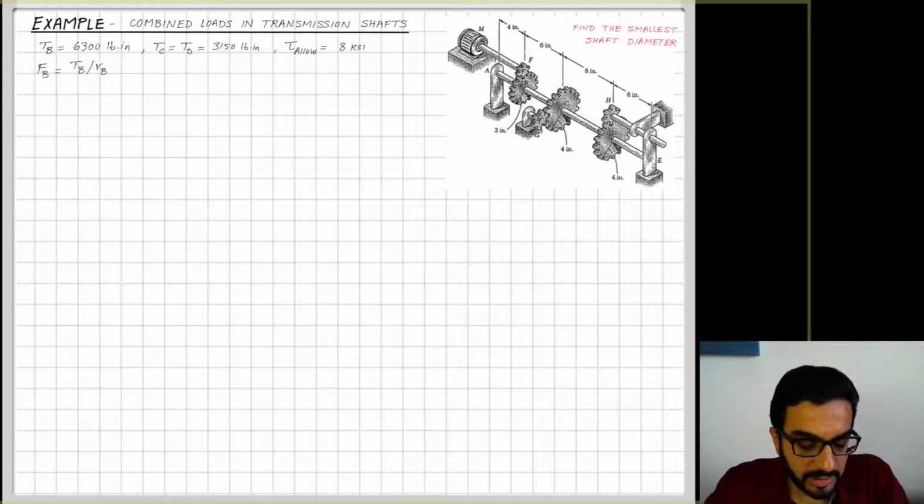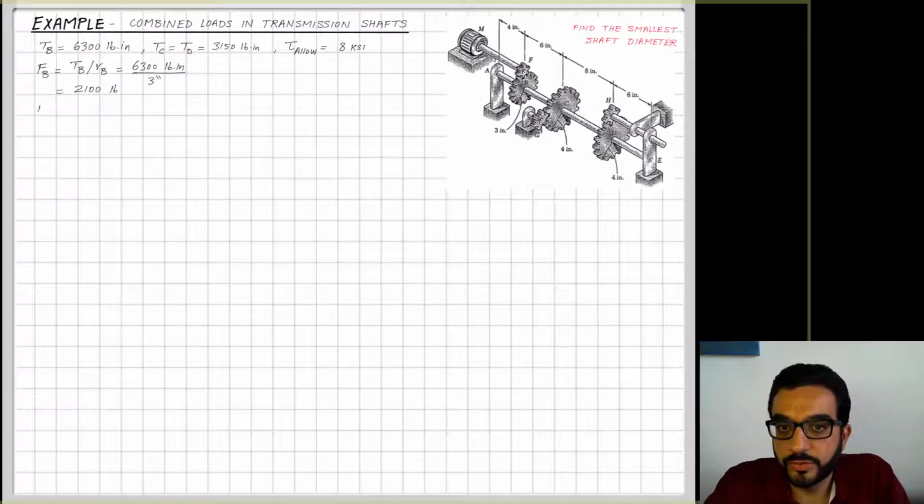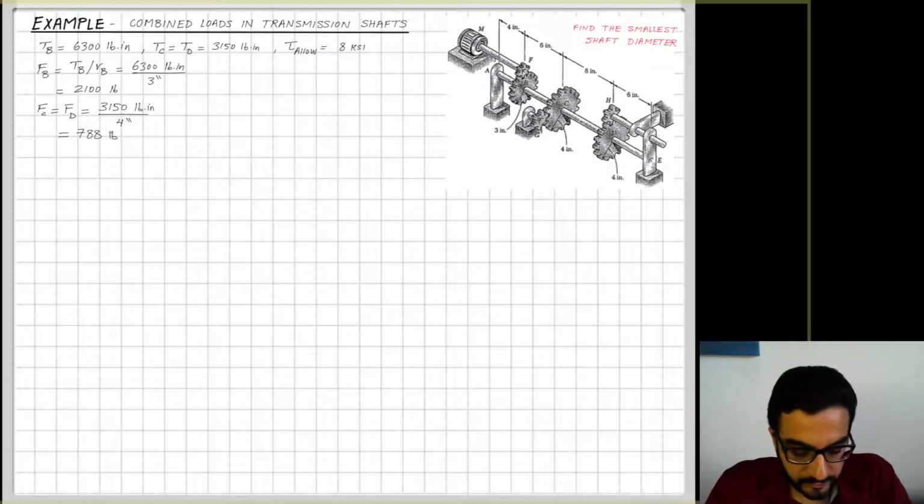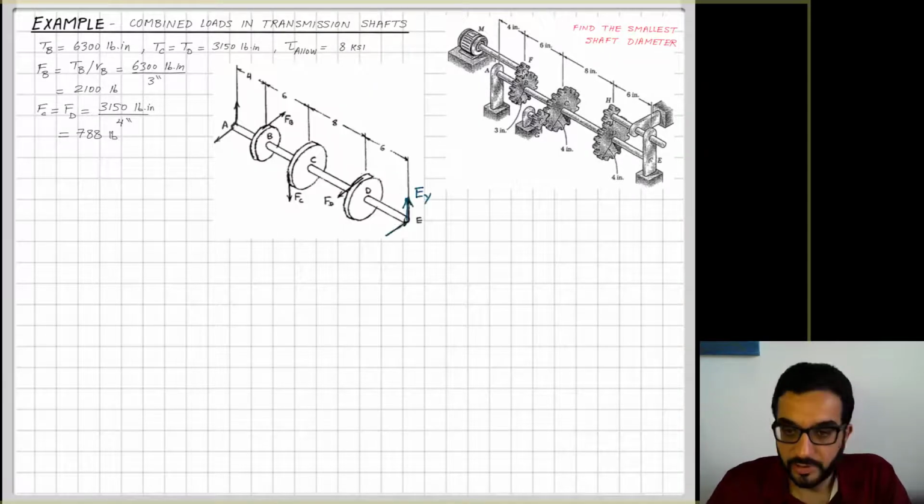So I will calculate the force on the gear tooth at B, C and D by dividing the torque value at each gear by the radius of the gear. So FB is equal to TB over RB, FC is equal to TC over RC, and FD is equal to TD over RD.